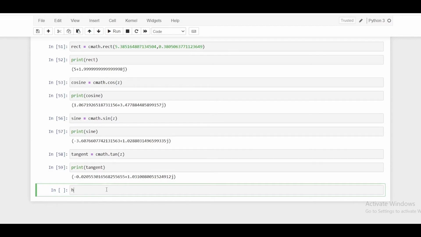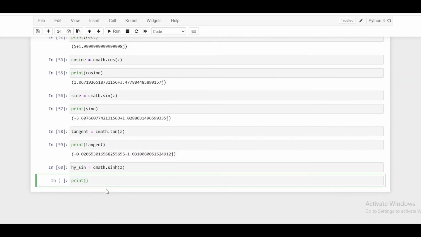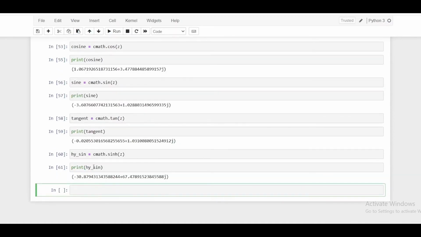We can also use hyperbolic forms of the given sine, cos, and tan. So we'll say hyperbolic sine, which is cmath dot sinh of z. So it prints out the hyperbolic sine of the given complex number z.